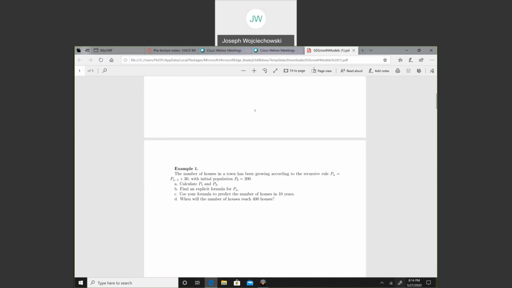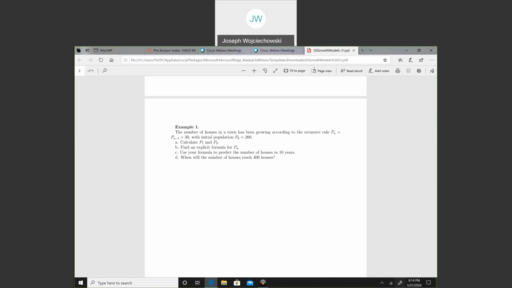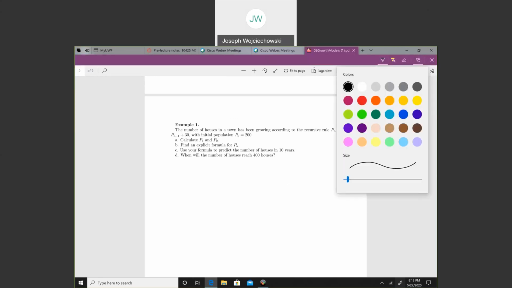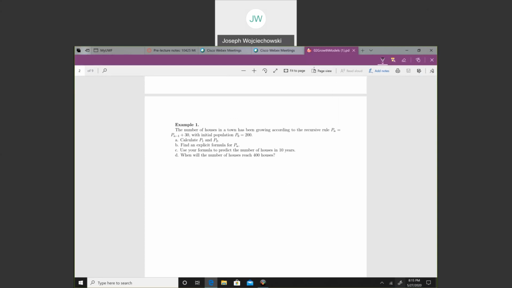So let's look at some examples here. The number of houses in the town has been growing according to the recursive rule p sub n is equal to p sub n minus 1 plus 30. And we know that p sub 0 is equal to 200.